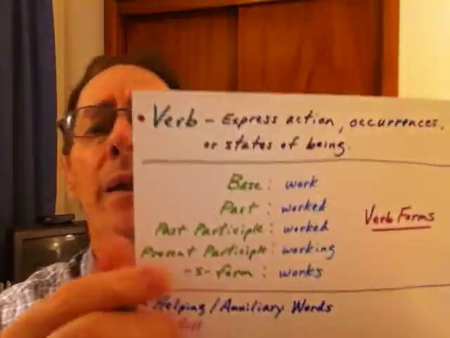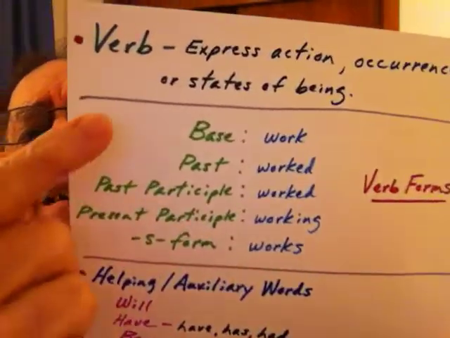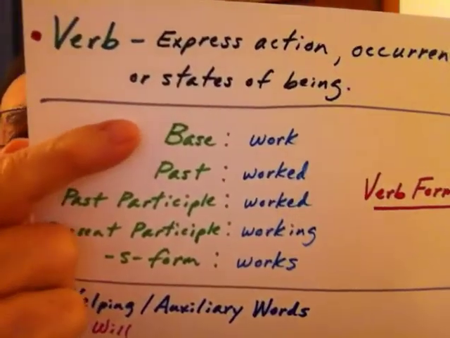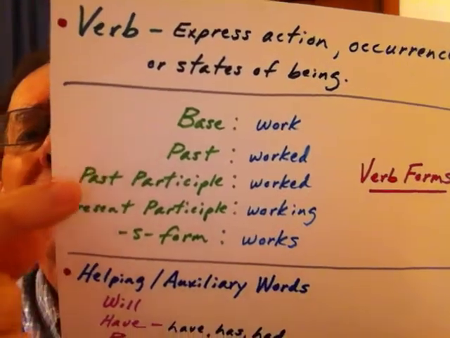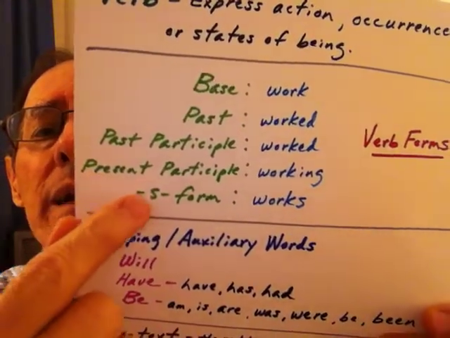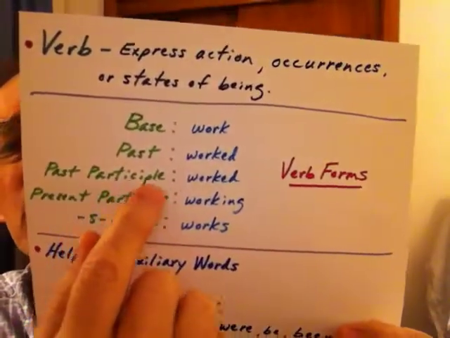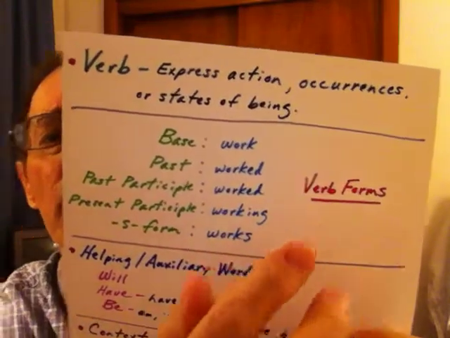Now, with your regular verbs, all your verbs except for the verb be, they'll have 5 forms: your base form, your past form, your past participle, present participle, and S form. Those are the 5 verb forms for all verbs except the verb be, all right?